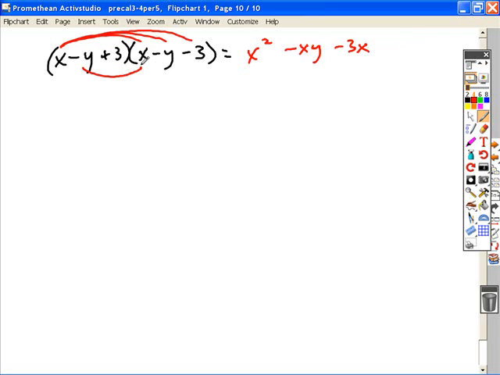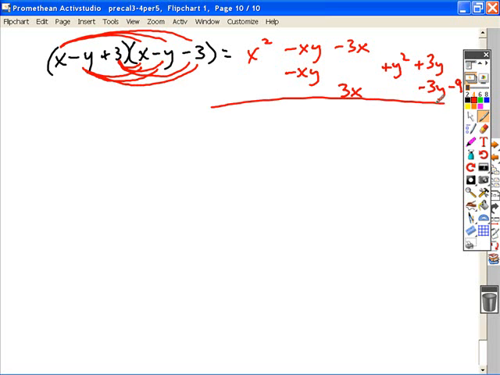From this next term, you get a minus xy again, plus y squared. And then distribute your last term, you get plus 3y. And then finally, if you move to your final term of the first factor, 3 times x gives you a plus 3x, minus 3y, and minus 9.